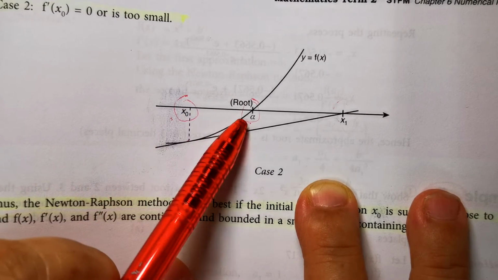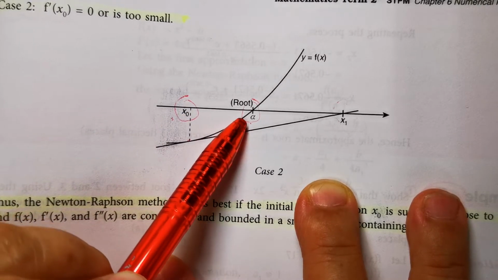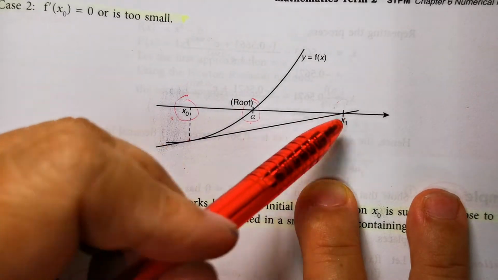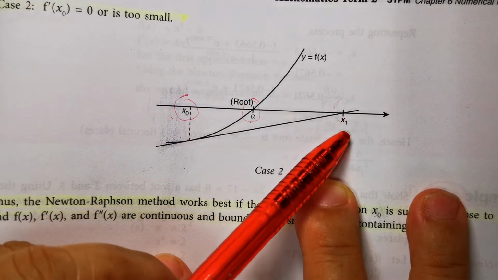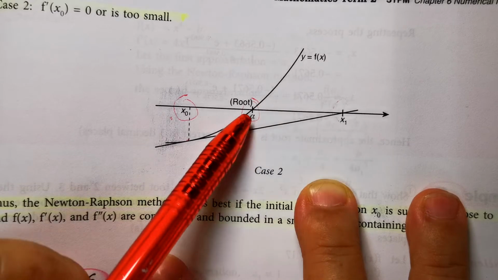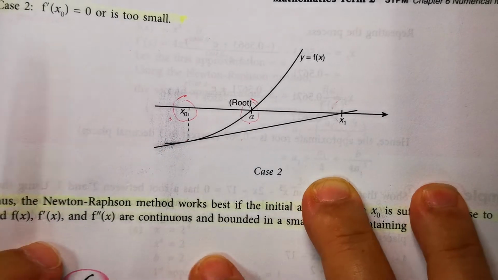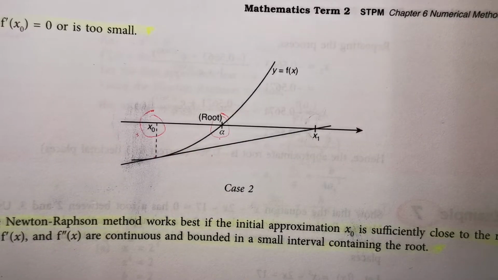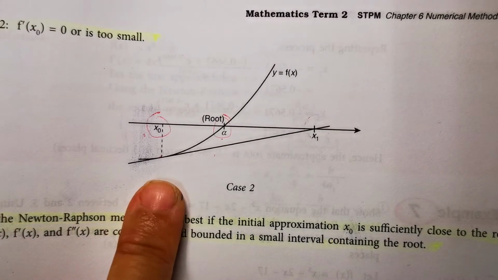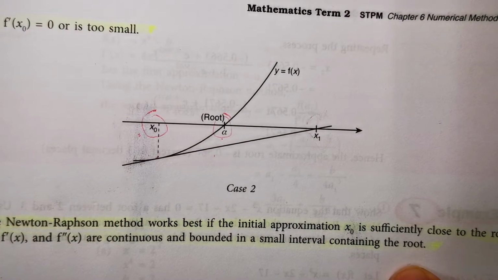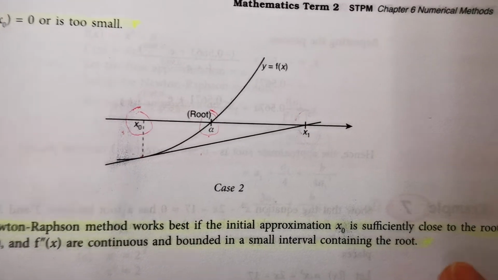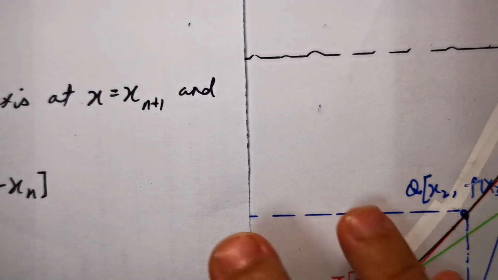The first one was even closer, but when we draw the tangent, the next approximation is even further from the actual root. So these are the two criteria that make the Newton-Raphson method fail. Remember these two.